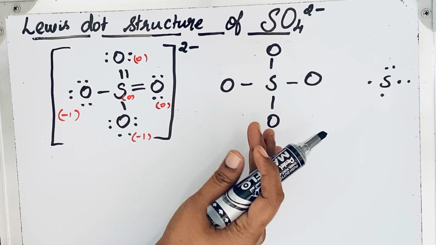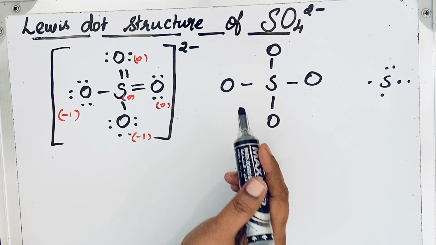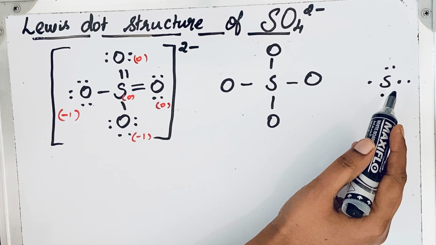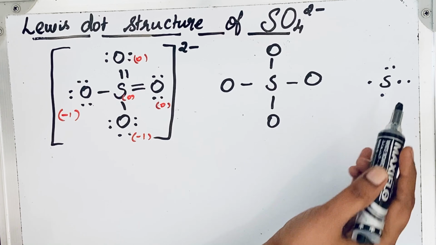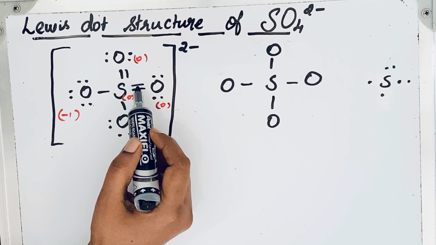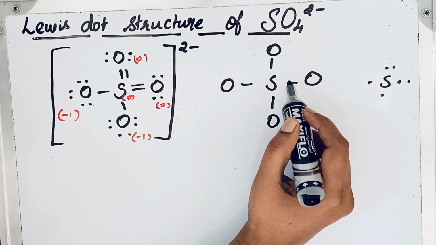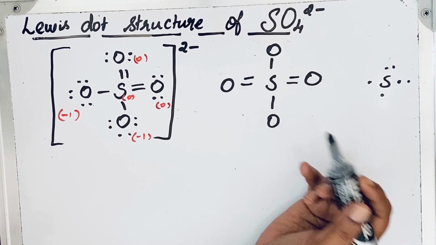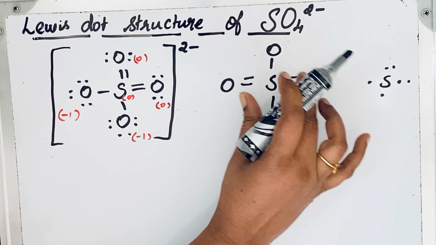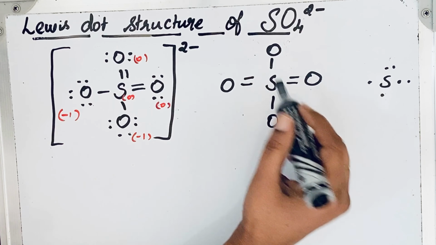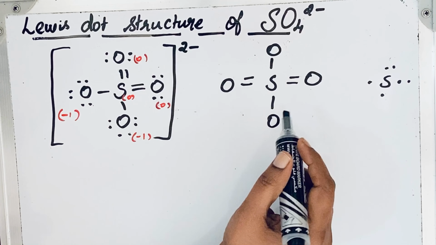Any other possibility of Lewis structure is there? So let us see, because sulfur can make 6 covalent bonds. So instead of adjacent double bonds, now we try to make opposite double bond. So here, I think remaining all the things is same. Now we give octet configuration for highly electronegative atom.